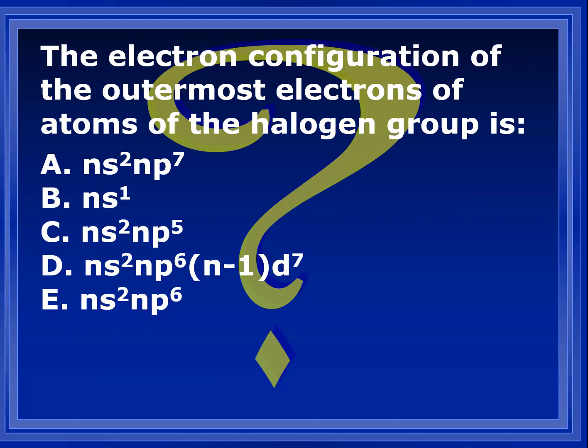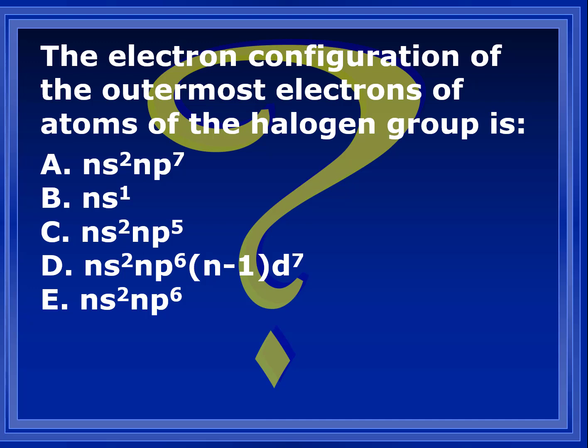Which is the electron configuration of a halogen? Okay, the hard part, you have to remember which ones are the halogens. I only mentioned it quickly yesterday once, but we're going to talk about them all the time. It's an important name.